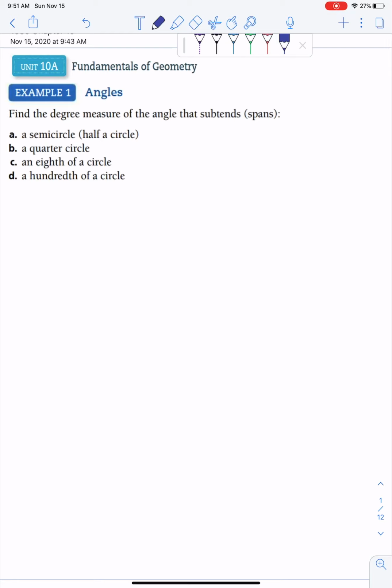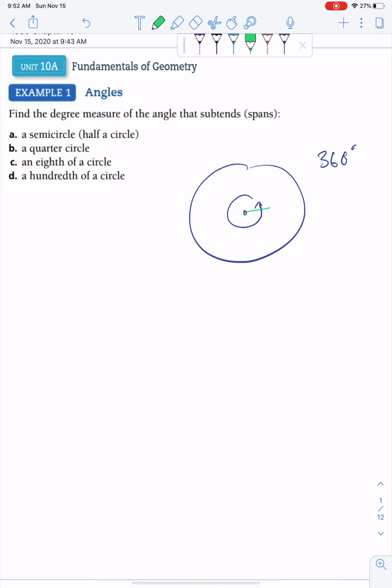If I were to take a circle, and if I start at this center, there are 360 degrees in a full circle. So if I were to travel all the way around my circle, I would go 360 degrees. So when it asks you to measure an angle that subtends or spans the circle, and when it says a semicircle, it's talking about the angle of half of the circle.